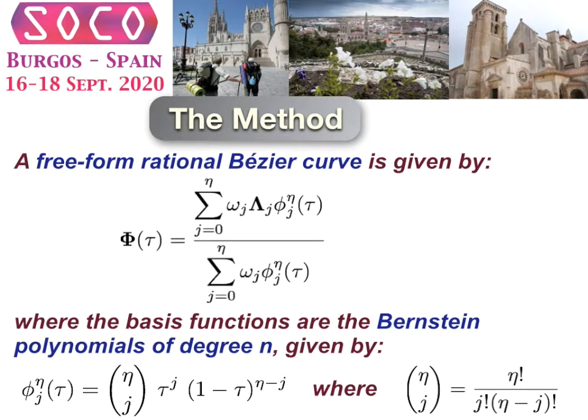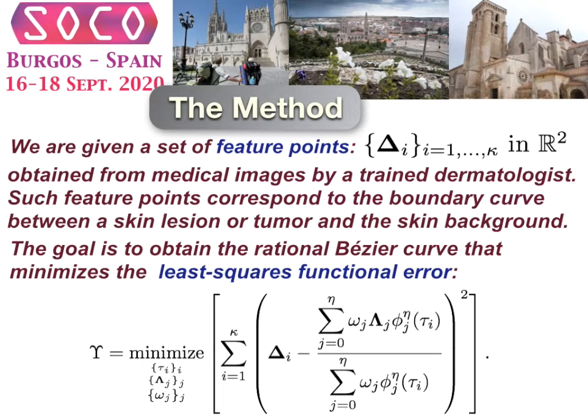In order to do this, our approach is to consider a free-form rational Bézier curve given by these equations, and then given a set of feature points which are assumed to be obtained by a trained dermatologist from the collection of points separating the lesion from the skin background.